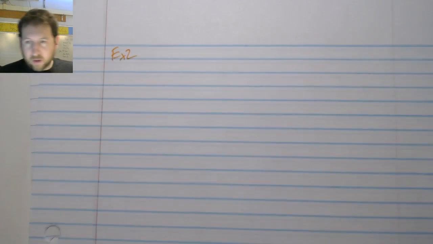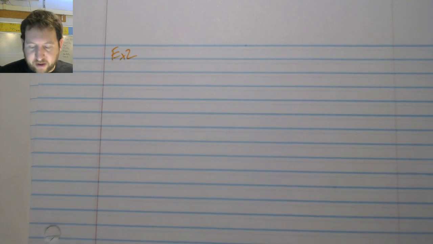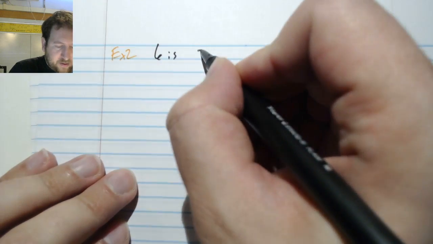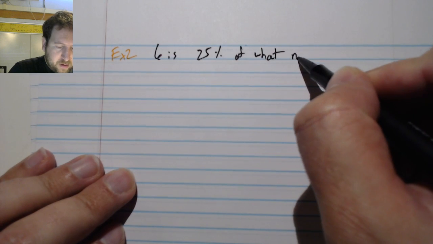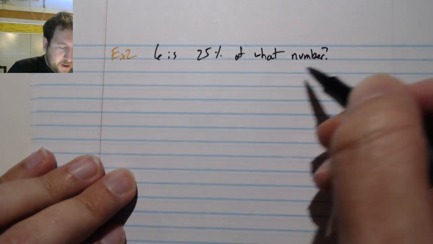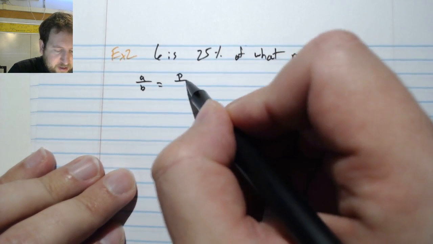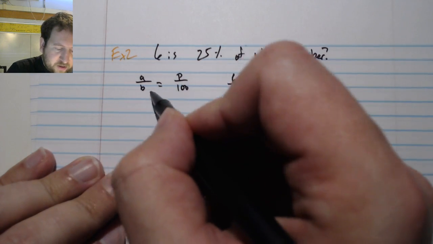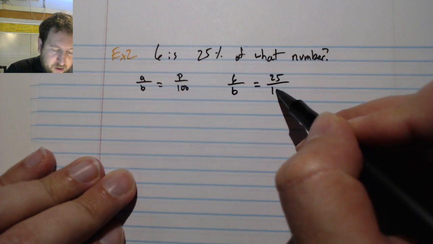Okay, example 2. And these are going to be much more similar to the problems that you're actually going to have on the homework. Okay, 6 is 25% of what number? All right, I'm going to set up my little equation. A is to B as P is to 100. All right, my number is 6. The original number, the base, I don't know, but the percent is 25 over 100.